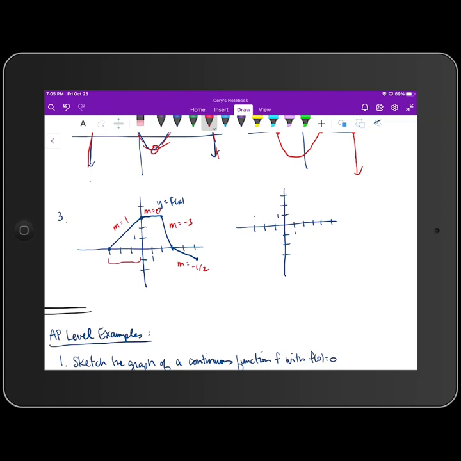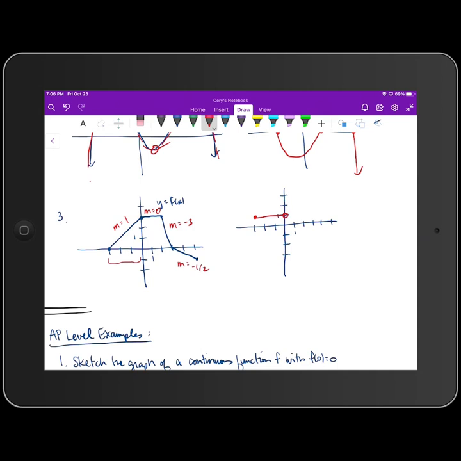Now, it's your choice whether you have an open dot or a closed dot at -3, 1, but you have to have an open dot at the point 0, 1.